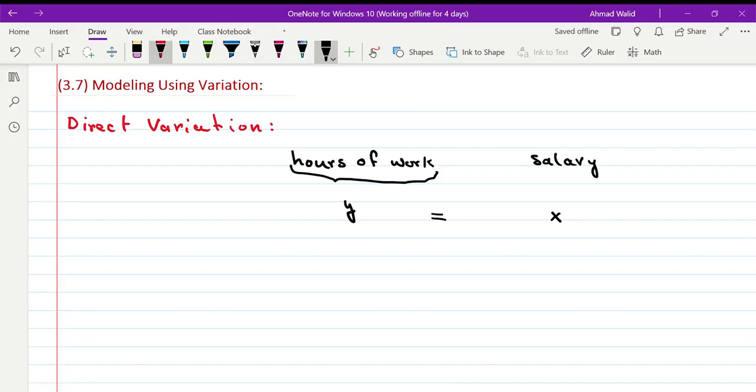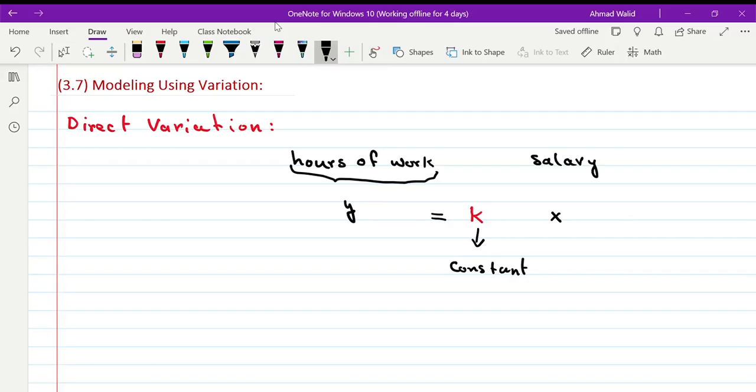The only thing that I want to add in this equation is a number k, so my equation will be y equal kx. K is a number, it's a constant, and we call it the constant of variation. X and y are your quantities. Then the formula for a direct variation is y equal kx.